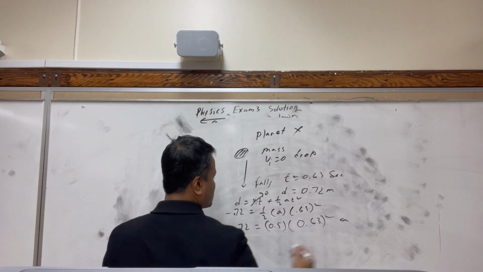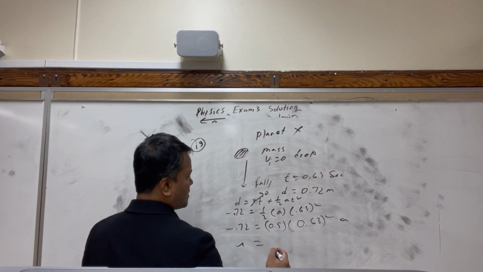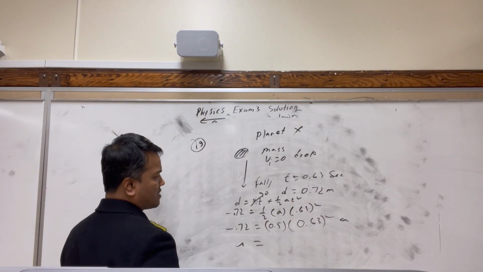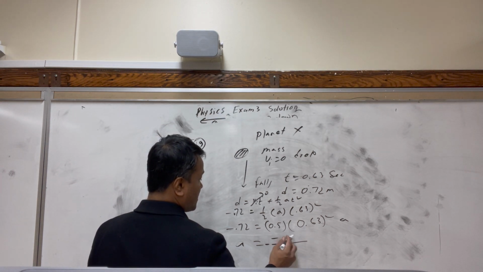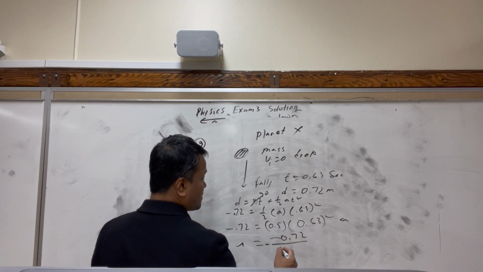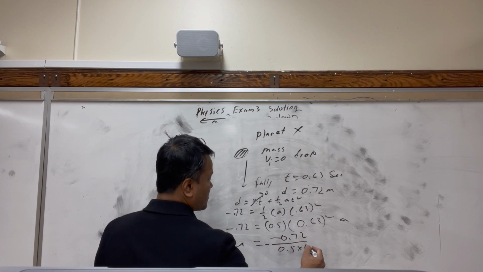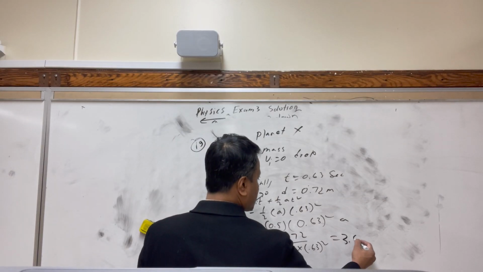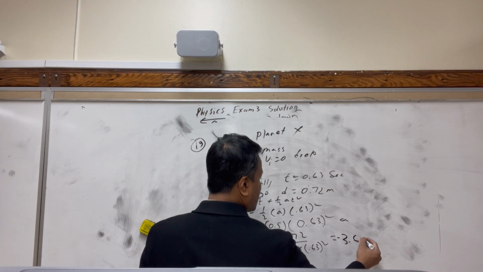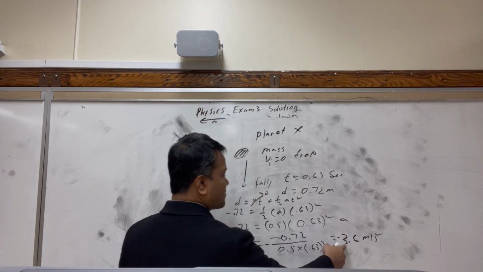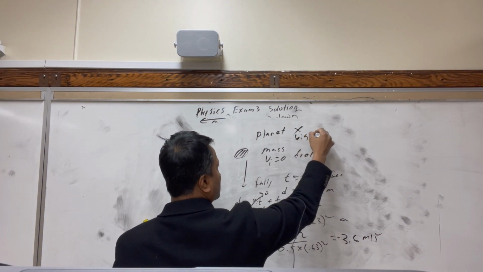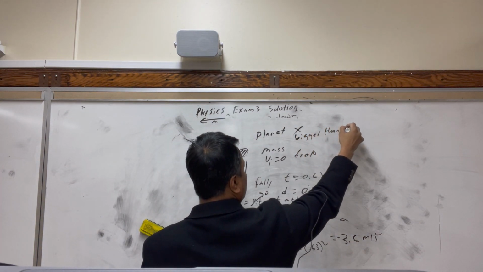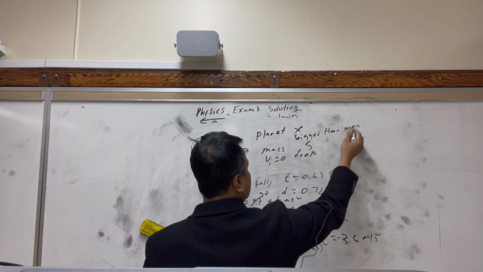So a is equal to negative 0.72 over 0.5 times 0.63 squared, which is about negative 3.6 meters per second squared. So this planet is bigger than the Moon and smaller than Earth.